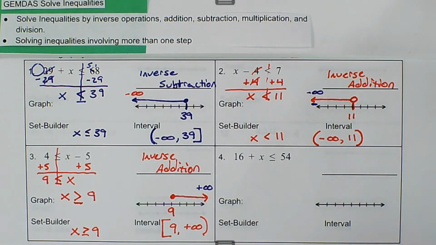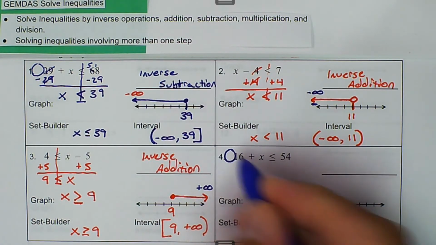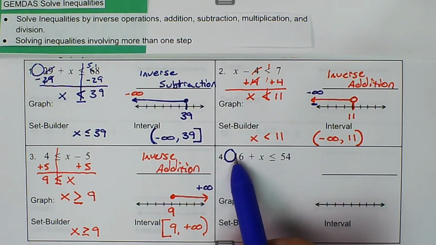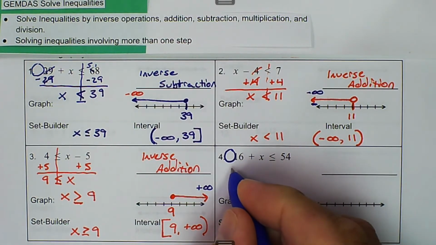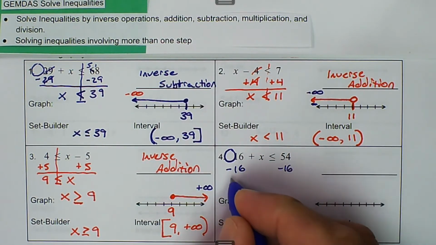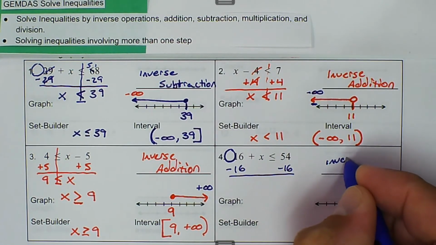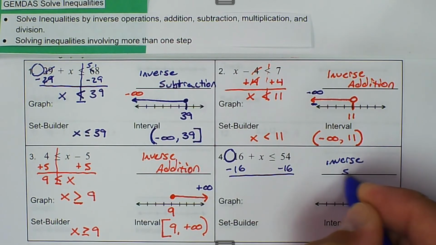Example 4, we look at the number out front, or the sign out front of the number. In this case, it's a 16 with nothing written out front, so we understand that it is positive. So then we can subtract 16 from both sides. And the reason we did that is inverse subtraction.